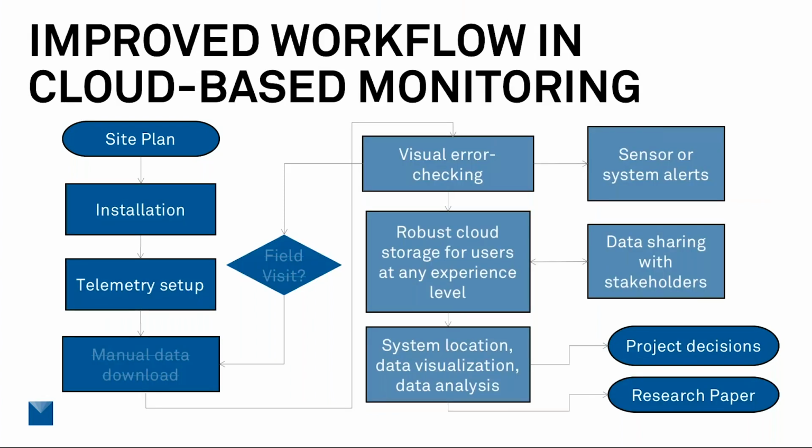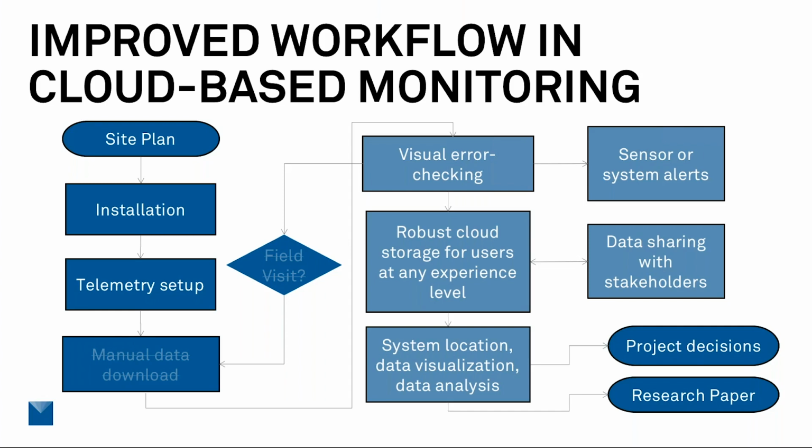So when we sat down and thought about what we could do to make this workflow better, here are some things that we considered to really help you as a scientist or a practitioner get your job done better. I don't think we're going to be able to avoid some kind of planning and some kind of process to help us understand what's supposed to be happening in terms of how we deploy and how we get the measurements we want to make.